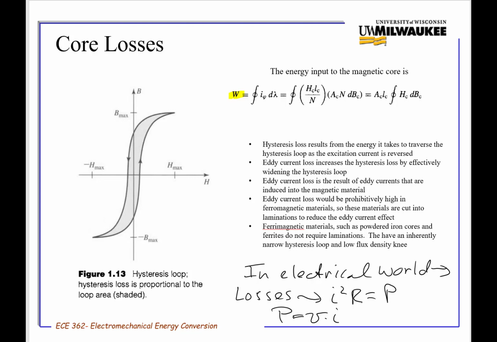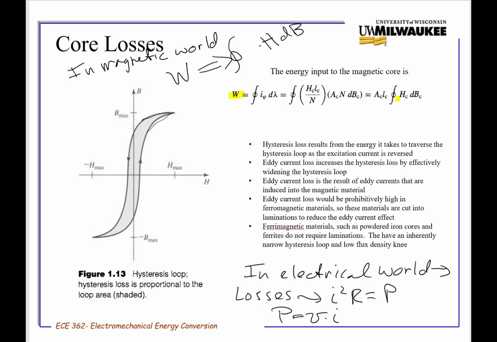But in the magnetic world, we think of things in terms of an energy, a W, as opposed to losses. And it really has to do with the BH.